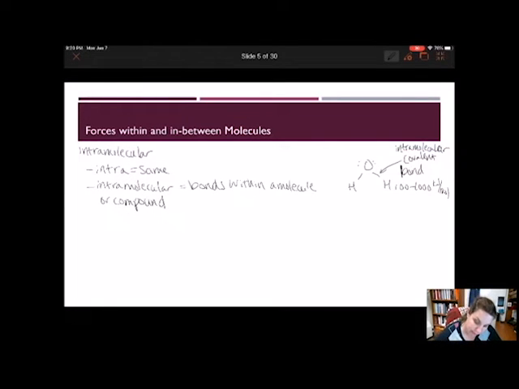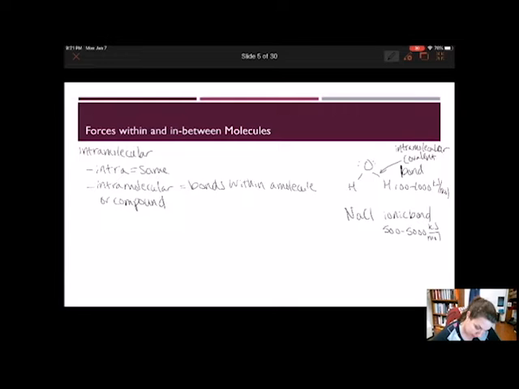We have something like sodium chloride, the bond that holds the sodium ion to the chlorine ion. That is an ionic bond. Generally, those are a little bit greater, so that's going to be between 500 and 5,000 kilojoules per mole. Both are significantly stronger than our intermolecular forces.